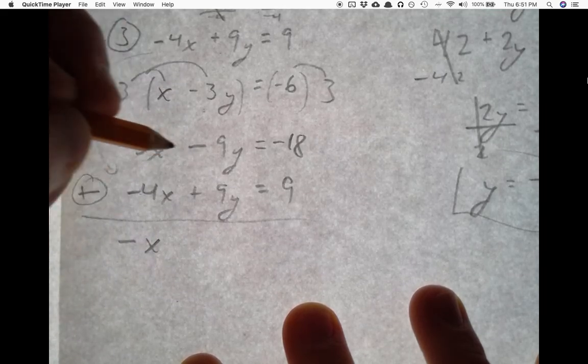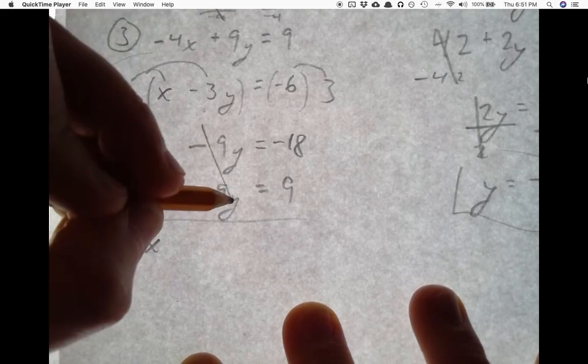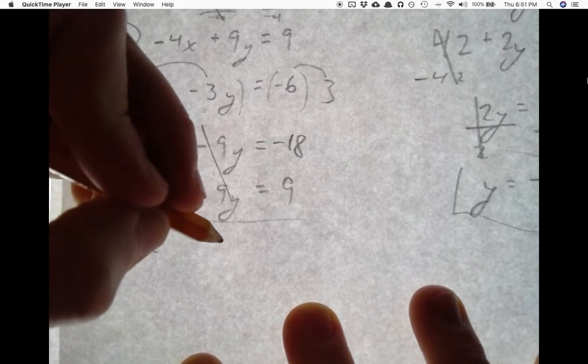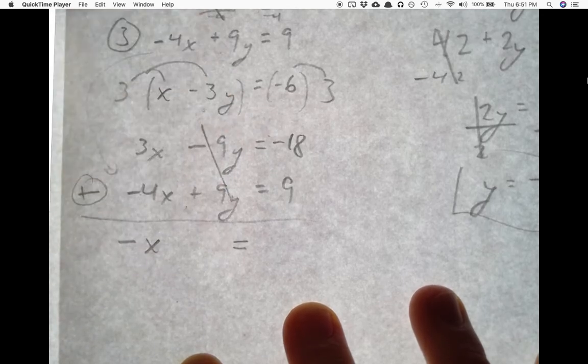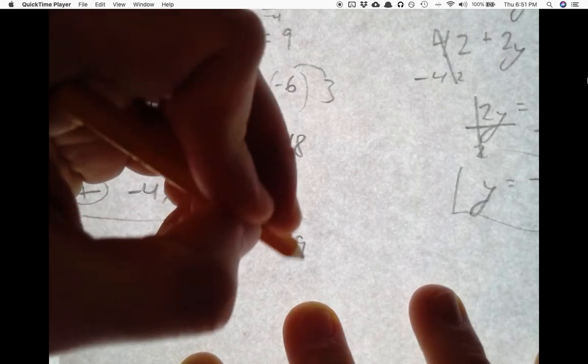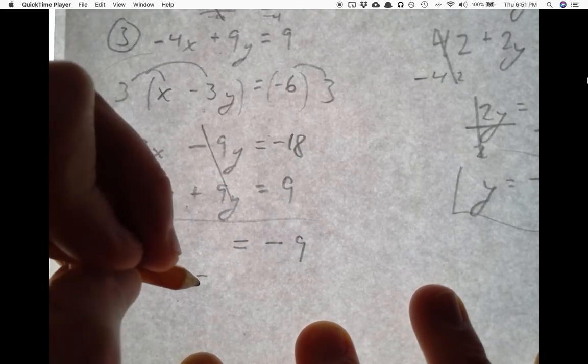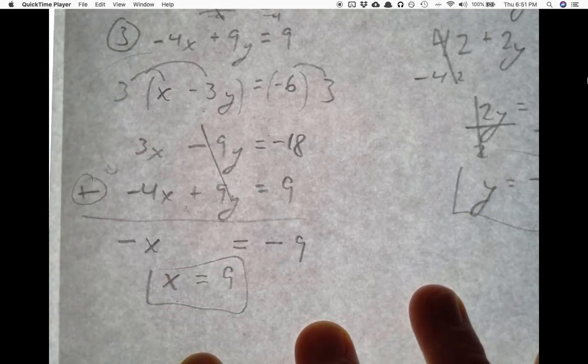This negative 9y and positive 9y, they cancel. We designed it that way, right? That's why we chose that 3. And then the negative 18 plus a positive 9 is going to get me negative 9. If I have negative x equals negative 9, that means that positive x is going to be positive 9.